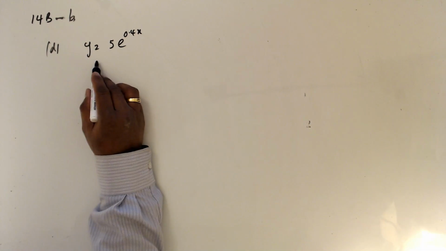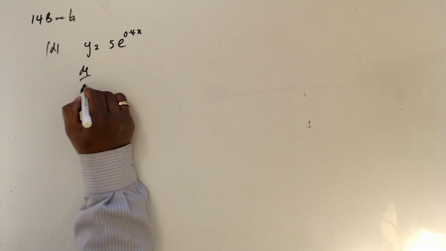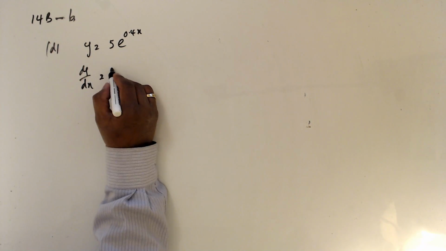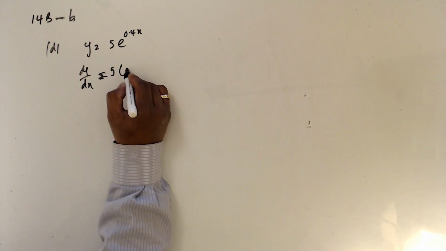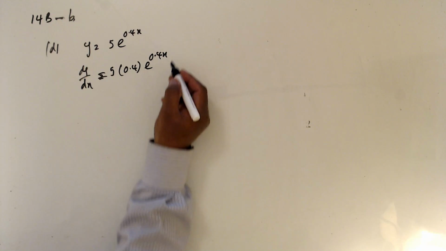So this is y equals 5e^0.4x, then dy/dx equals 5 as constant, times 0.4e^0.4x.